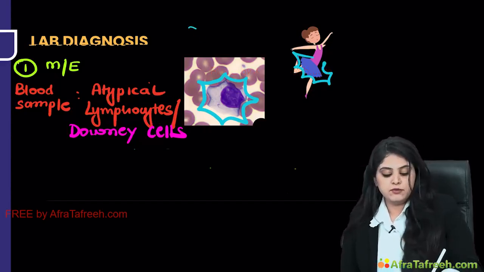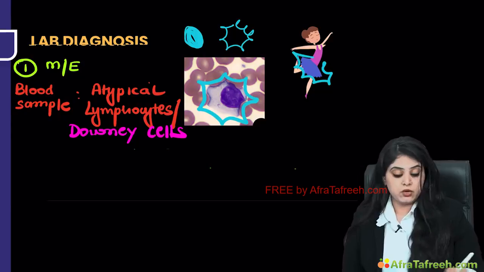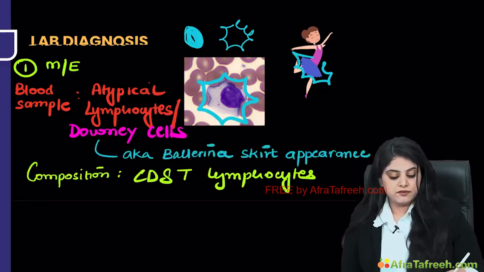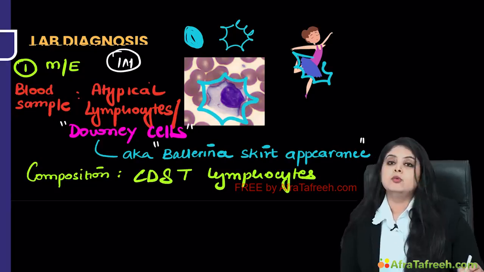When I draw a lymphocyte, I always draw a round cell. Suddenly, I'm drawing a cell which is looking like a ballet skirt. So that is what I called it, the very, very famous ballerina skirt appearance. Remember, if ballerina skirt appearance or Downey cell comes, you will mark infectious mononucleosis.